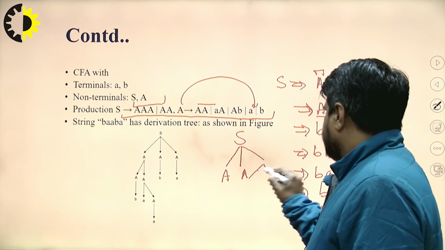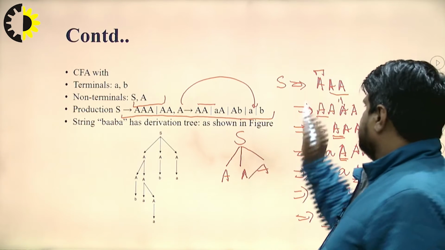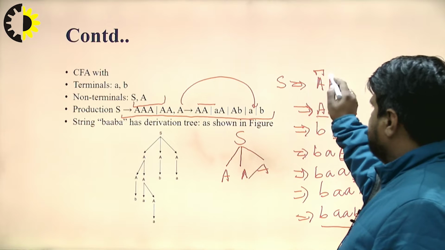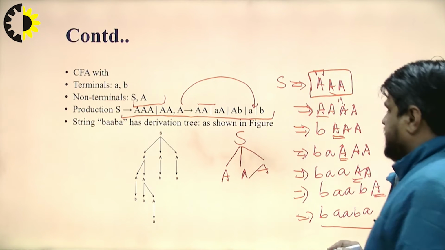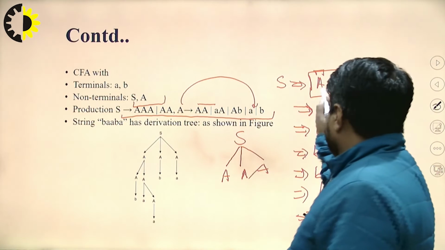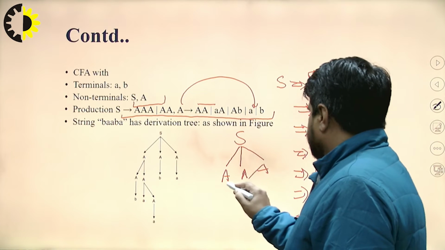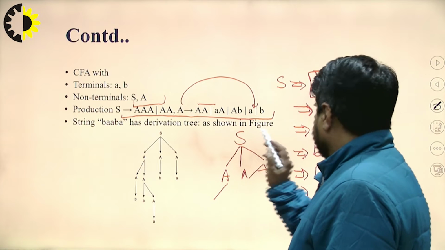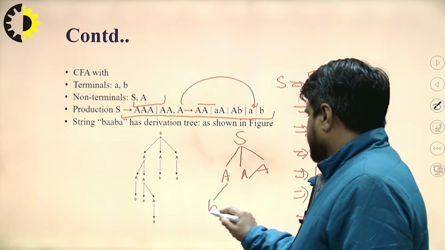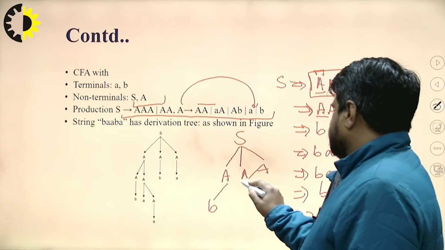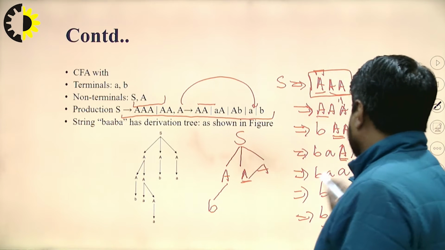3A, right? So replacement, in case of the derivation, you can see this replacement, entire replacement, right? Once again, what you have to do? This A gets replaced by B. So you can write down B. Once again, this A gets replaced by AA.